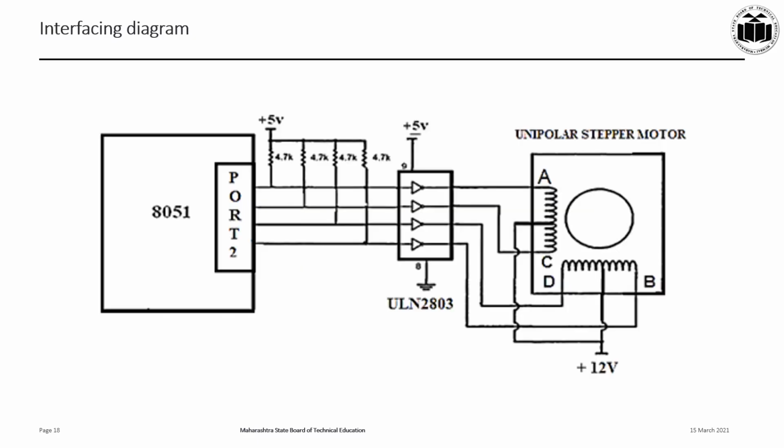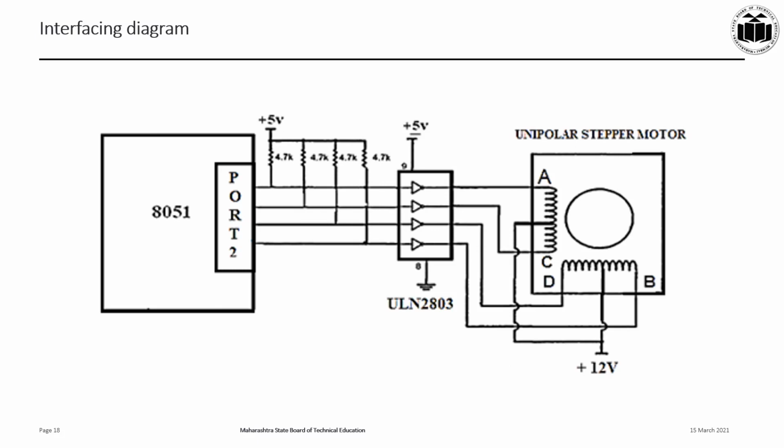The diagram shows a stepper motor interfaced with microcontroller 8051 through the stepper motor driver IC ULN2803. As you must have studied in chapter 4, ULN2803 is a driver IC which provides the rated current to the stepper motor coils, as the ports of 8051 cannot source that much current.